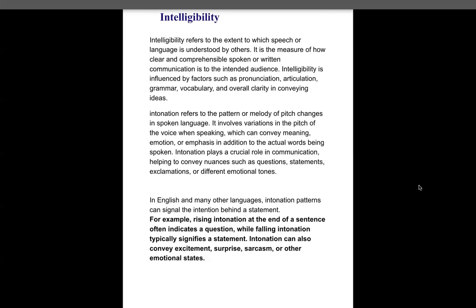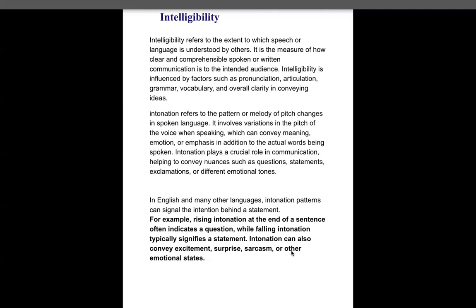So those are certain places where you would miss a lot of marks, just careless mistakes. So as long as you're aware of those things, you don't have to worry about it. Yeah. So here I was talking about rising intonation often indicates a question, while falling intonation typically signifies a statement.